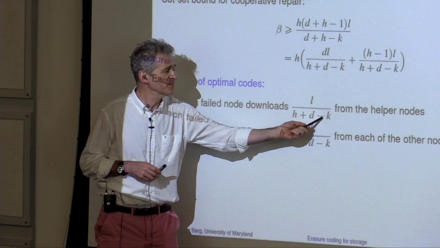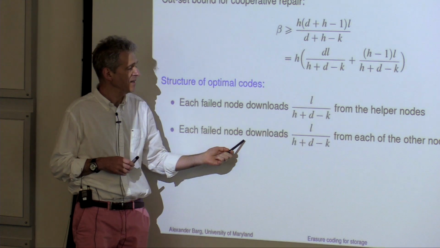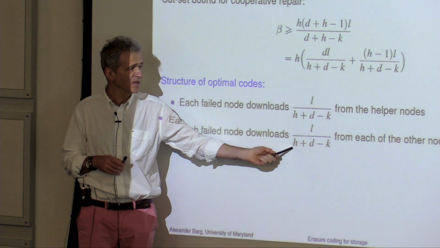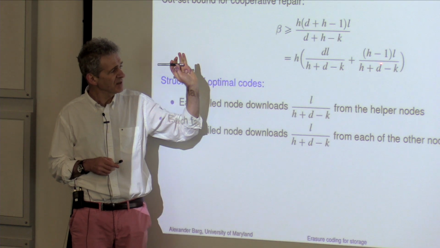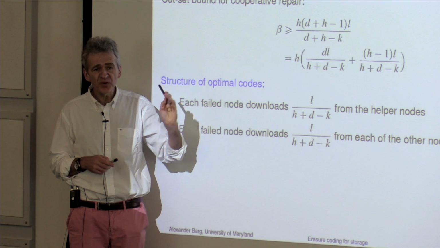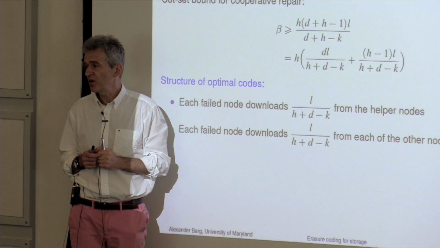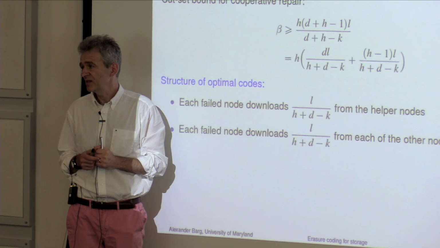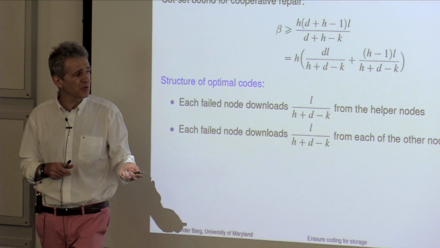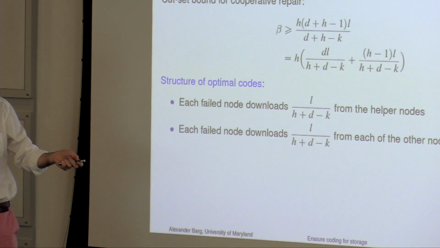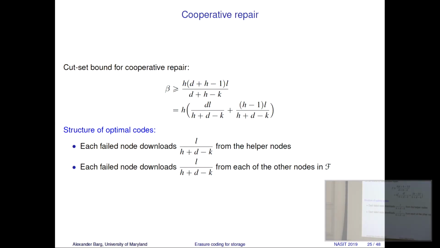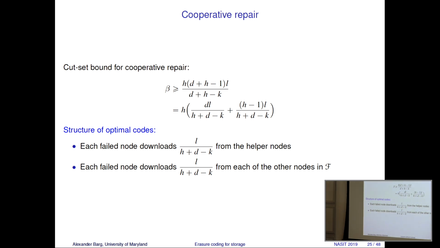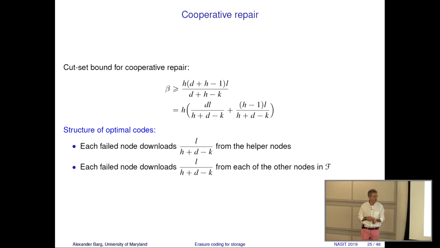D L over H minus D plus K. And then each failed node in the second round downloads this information here from each of the other nodes in the group of the erased coordinates. So these are the 2 rounds described here in that picture. And the cut set bound suggests the structure of this repair. This is what is done in the constructions to achieve optimal repair bandwidth in the cooperative problem.